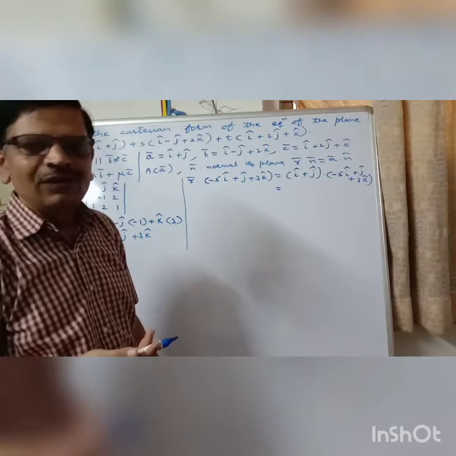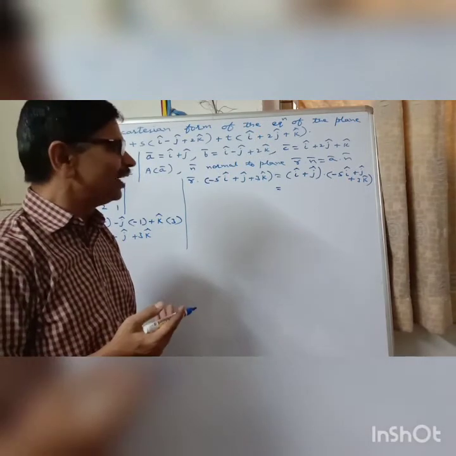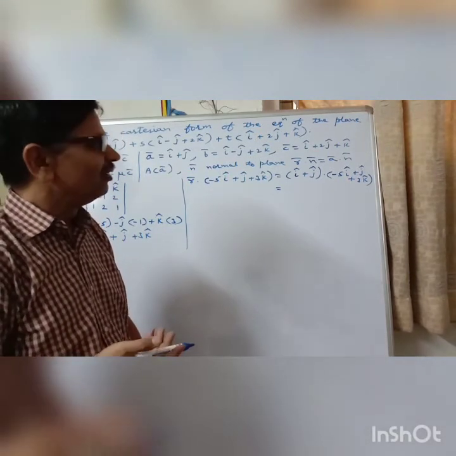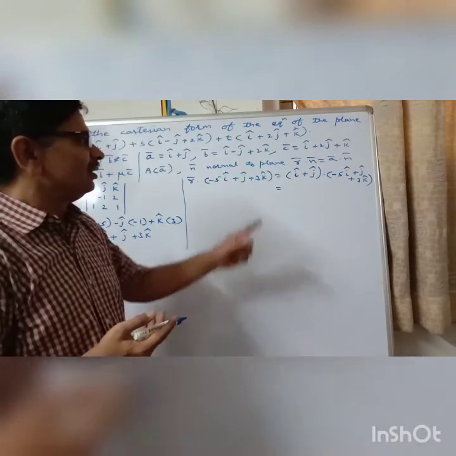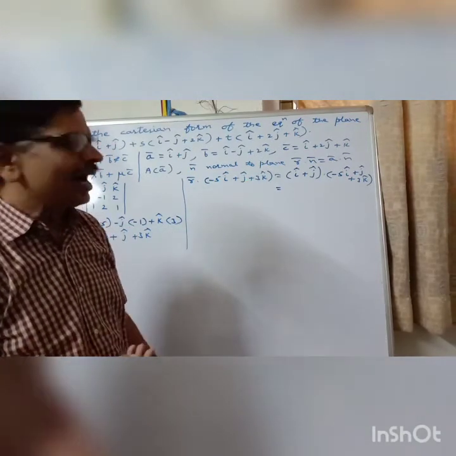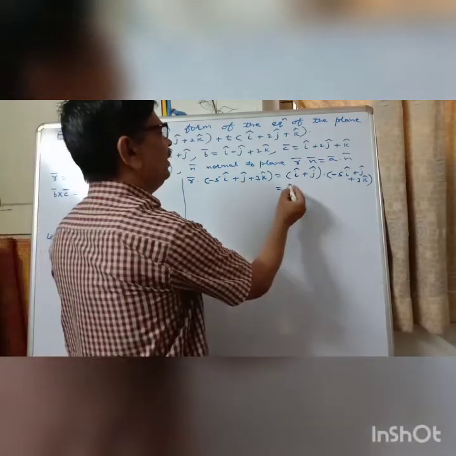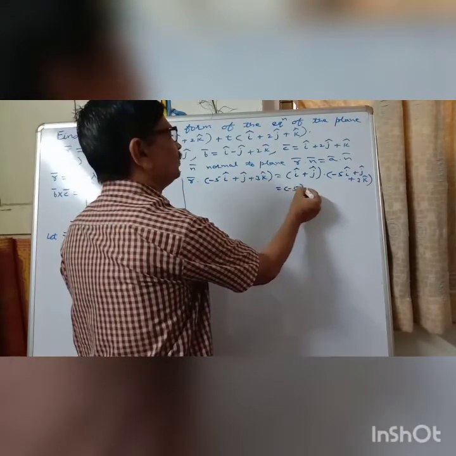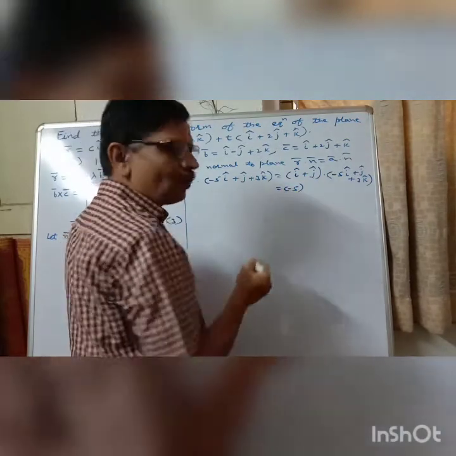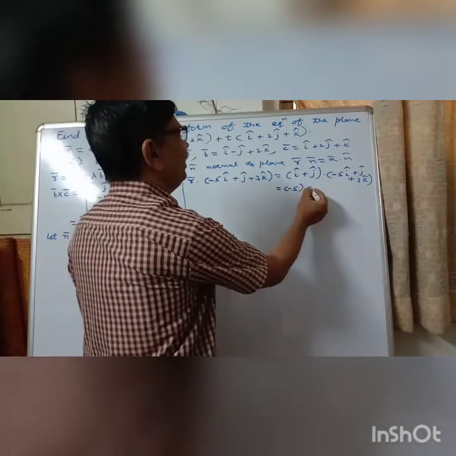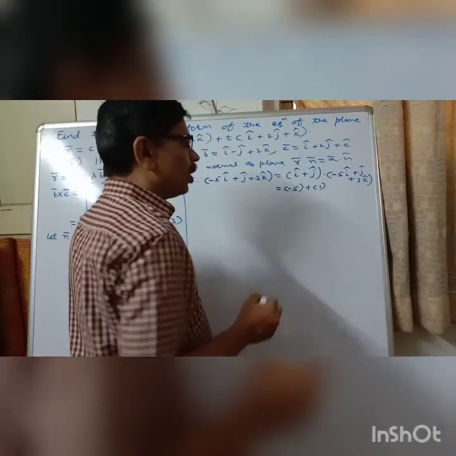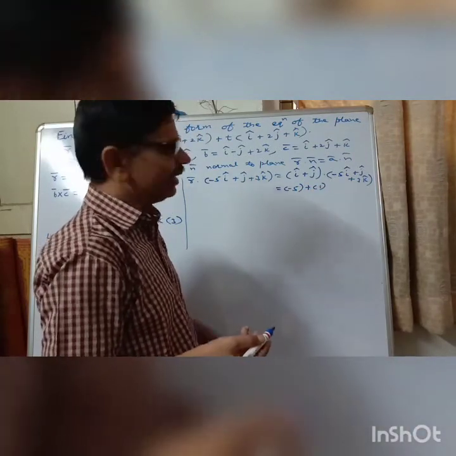As both the vectors are in terms of unit vectors i, j, k, find sum of product of coefficients of i, j, k. 1 into -5, -5. Product of coefficients of j, 1 into 1, 1. Product of coefficients of k.